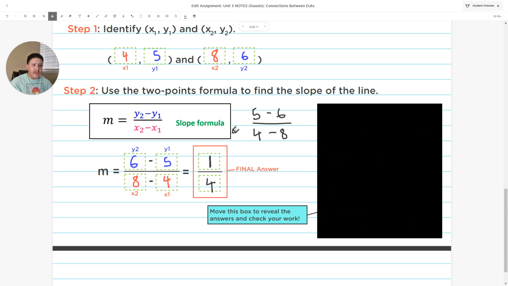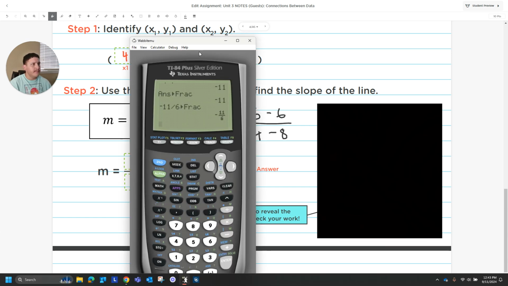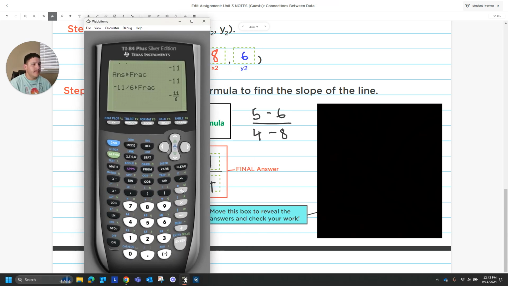Even if I were to flip these, let me show you all the math. 5 minus 6, negative 1. 4 minus 8, negative 4. Now, I'm going to take those numbers, negative 1 divided by negative 4, and then press math, enter, enter.